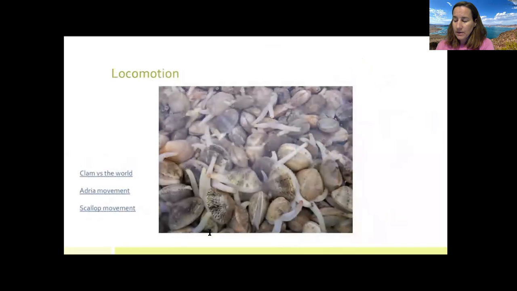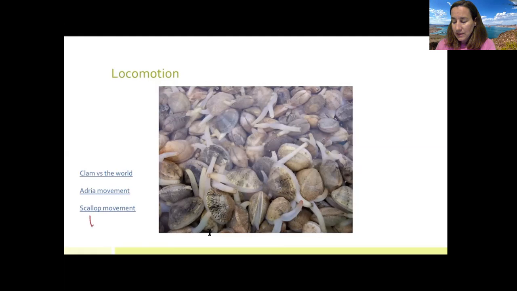How can they get around? I told y'all about the muscular foot, that large portion. If you dissect a clam in lab, you will see this big chunk in there that's kind of hard feeling when you compare it to the gills, which feel kind of feathery. That muscular foot is tough, and that's how they can get around. Some of them will use that muscular foot.